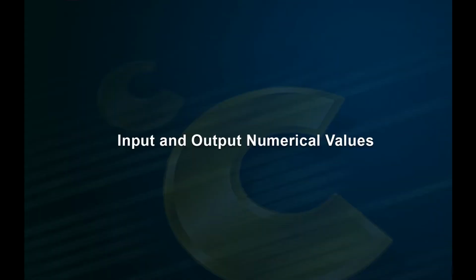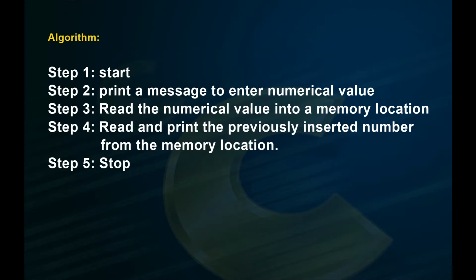Now, let us try to write a C program to input and output numerical values. Let us see the algorithm first. Step 1, start. Step 2, print a message to enter a numerical value. Step 3, read the numerical value into a memory location.